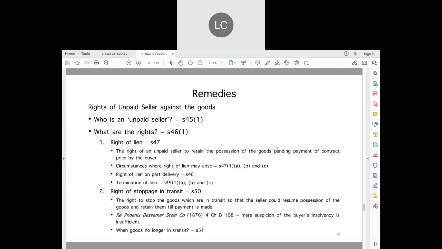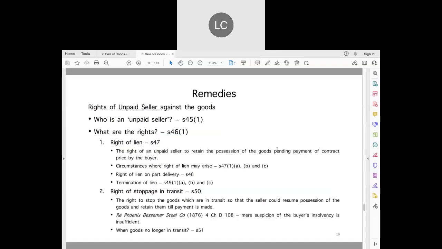Whereas paragraph B says that the unpaid seller of goods loses his lien when the buyer or his agent lawfully obtains possession of the goods. So this is just stating the obvious.